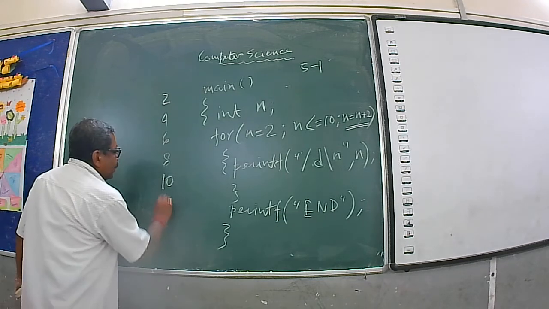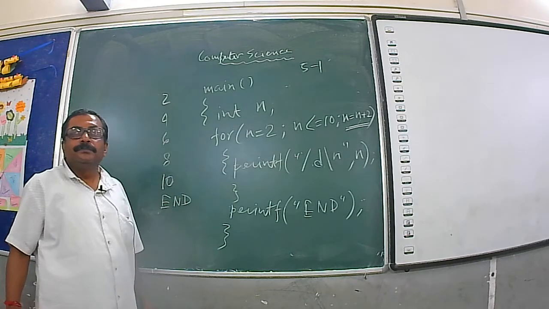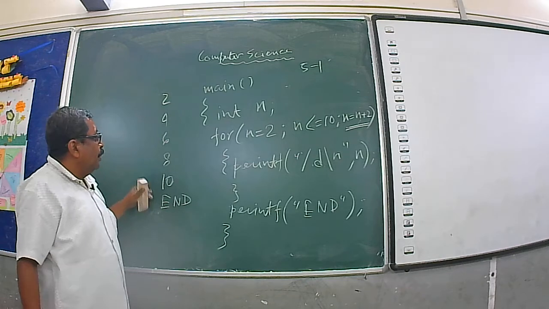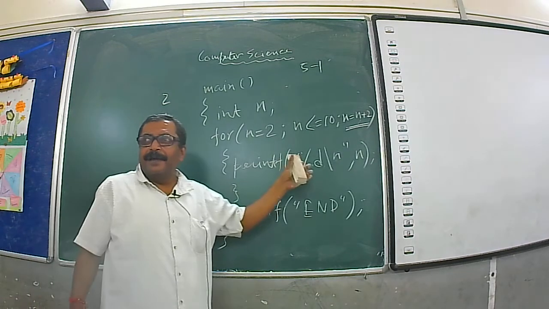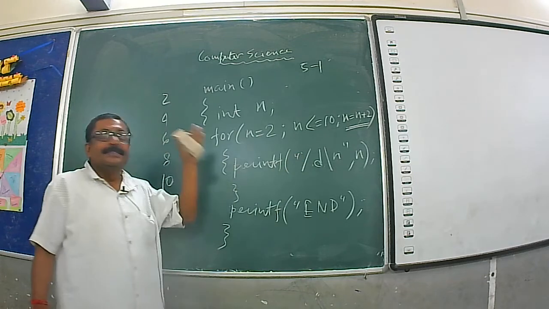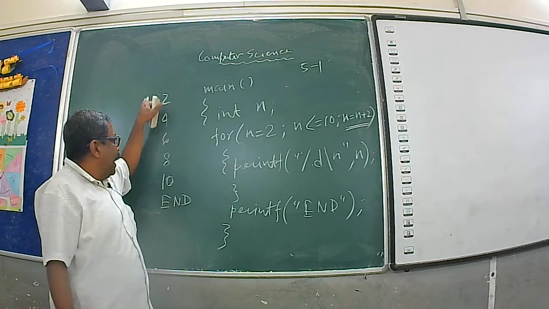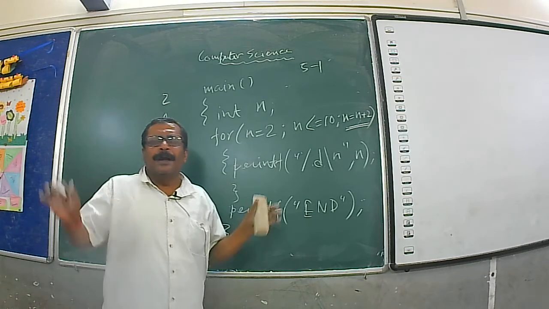So end will be printed at the last. So that is the use of the different types of loop. One is incremented by 1, then it is decremented by 1, and that is for printing all the even numbers. The same thing we can do in any program.